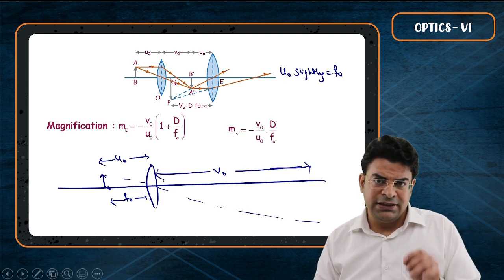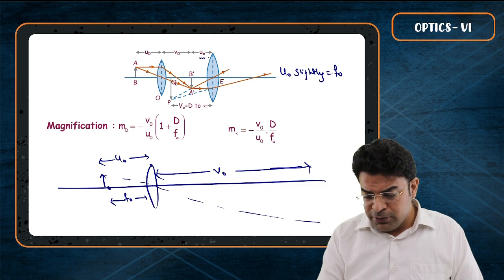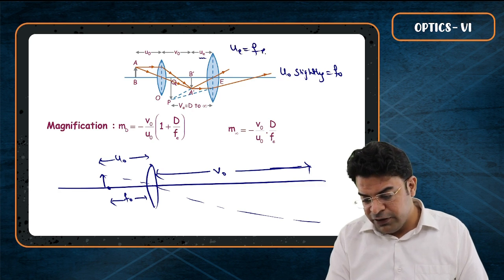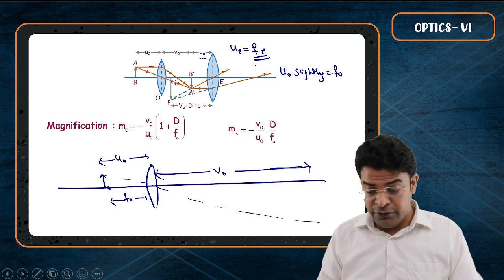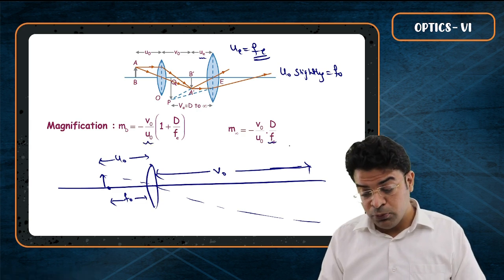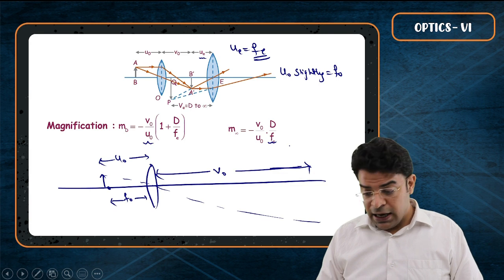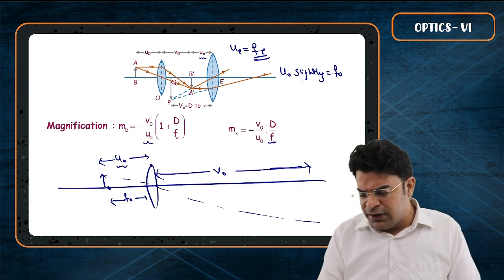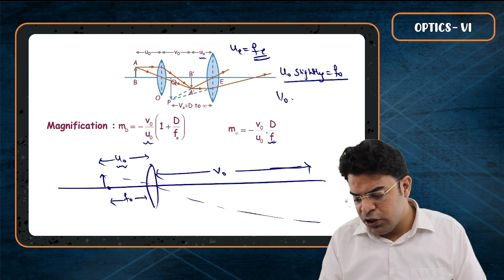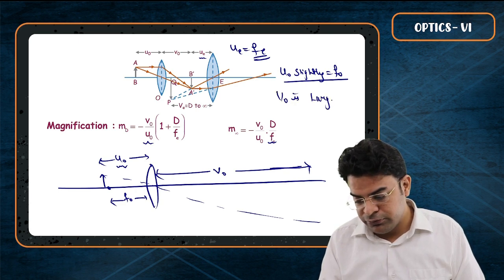Now beta, do understand. The maximum possible value of UE can be Fe. You are using a microscope, so you want magnification due to objective and eyepiece both to be large. And you know that if you keep U naught just slightly greater than F naught, V naught is large.